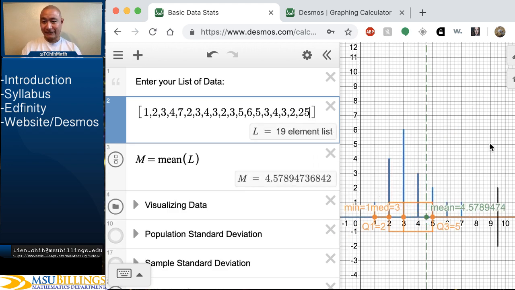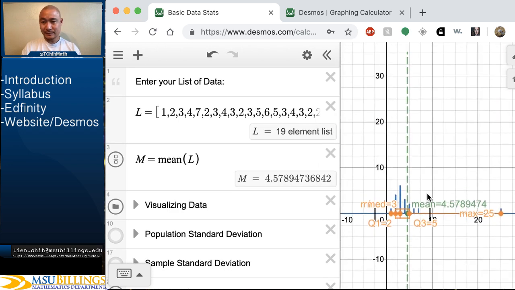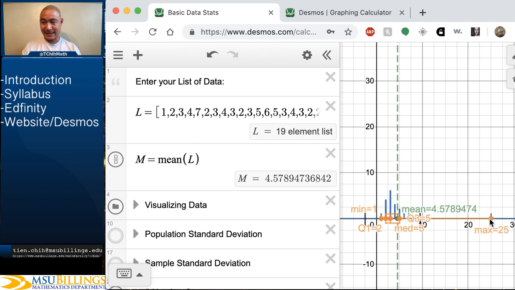So let me throw 25 in here. And now all of a sudden my mean is way bigger than my median, right? Like I said, it's because the mean is sensitive to a large data point like this. This 25 adds a big number to the sum of the total data, which when divided by the total number makes a big difference. Whereas the median only cares about the centermost values.